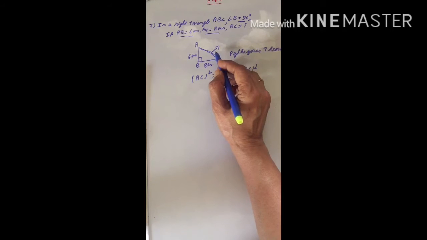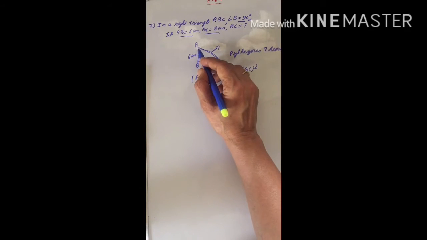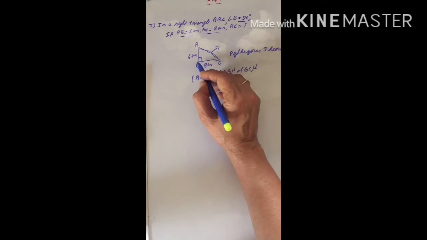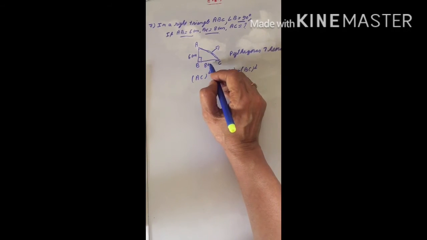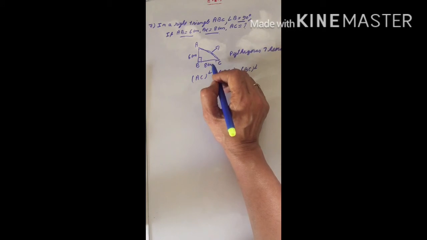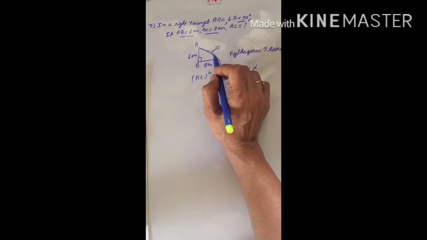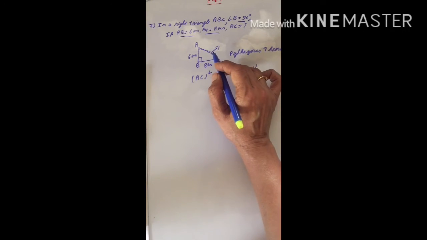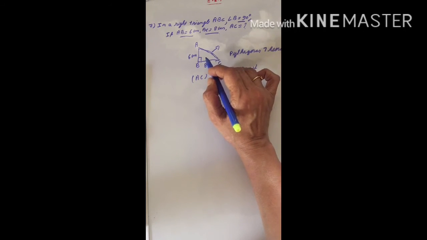It means if you are finding the square of hypotenuse, it will be equal to the sum of the square of AB and BC, that is equal to the square of AC.